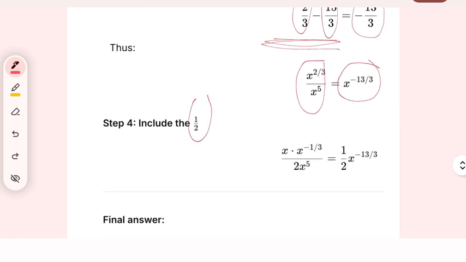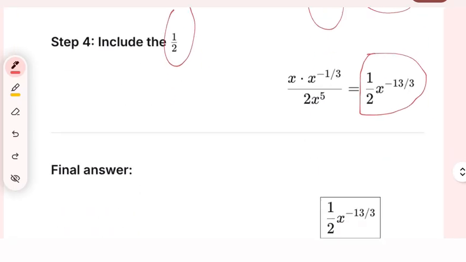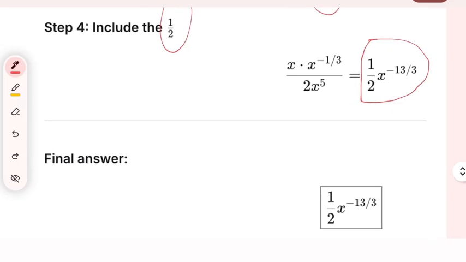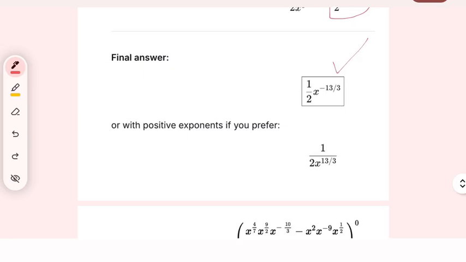Remember, there's still 1/2 over there. So it would be 1/2 x to the negative 13/3. So that is the final answer, 1/2 x raised to the power of negative 13/3.